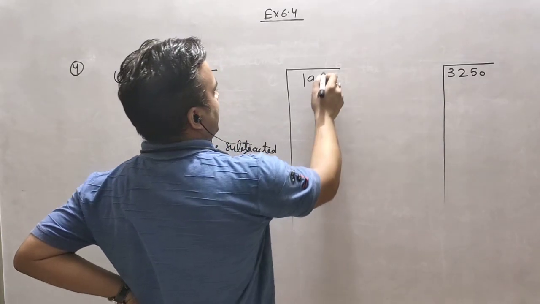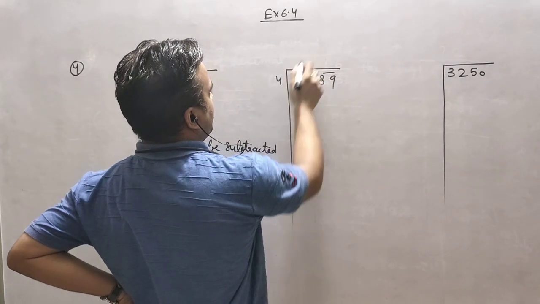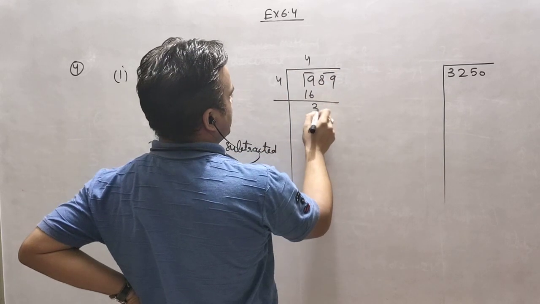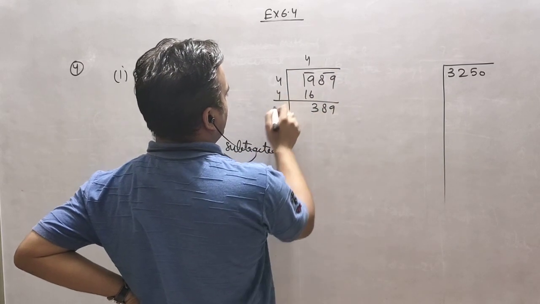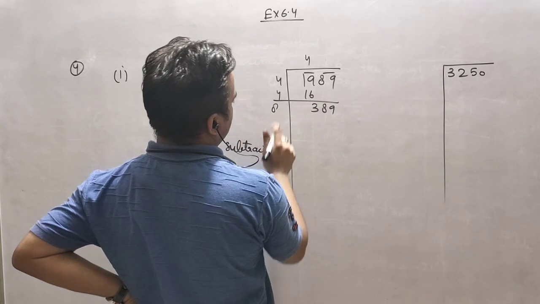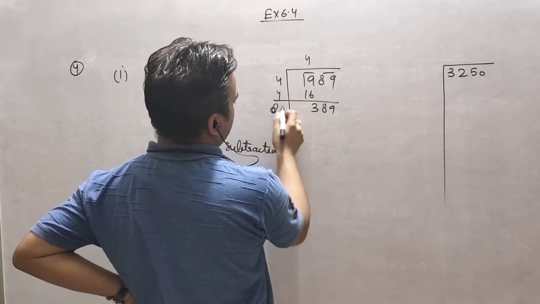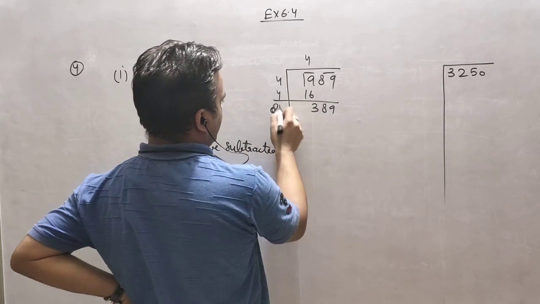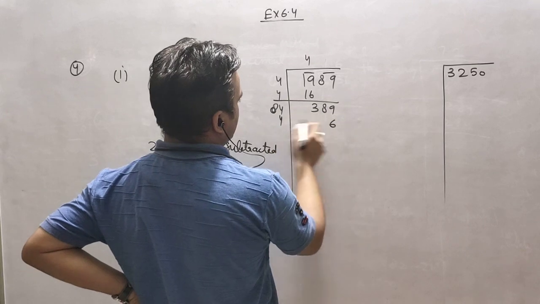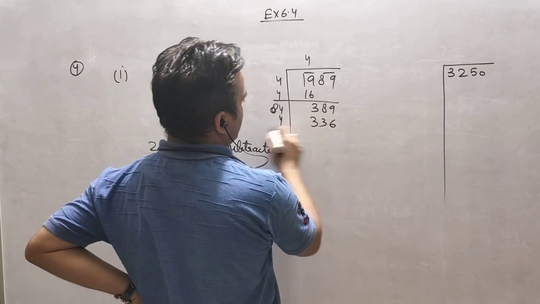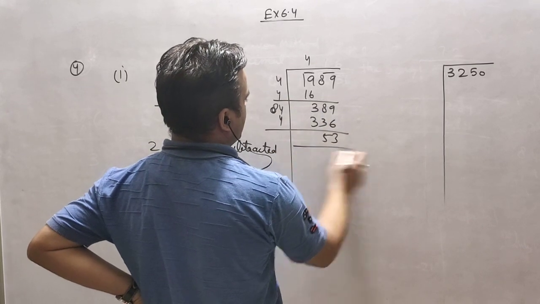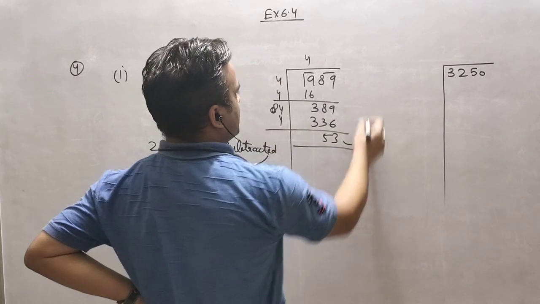Now 1989 we have to check. 4 4s are 16, then 3 and 89, 4 4 8. How many times will it go? If I multiply by 5, it will be more than 400, so 4 times it will go. 4 4s are 16, and 33. So 53 is the remainder, and it should be subtracted.